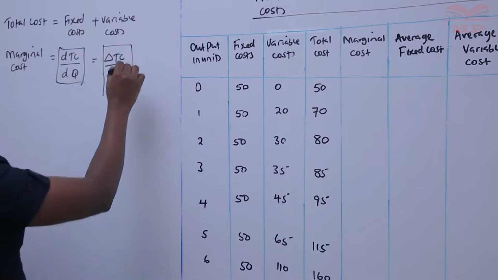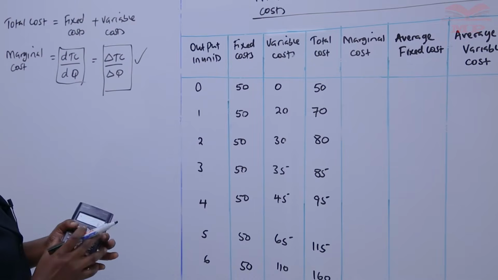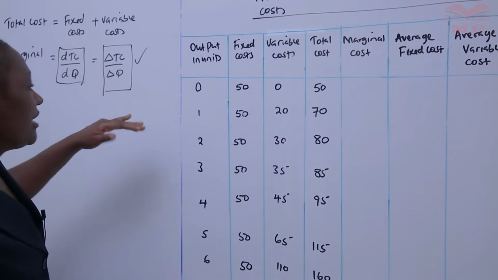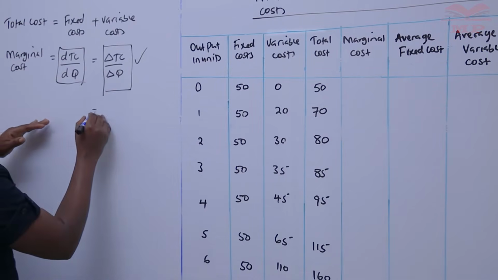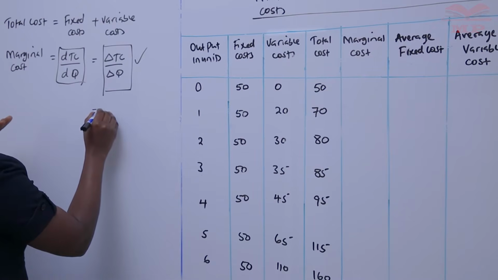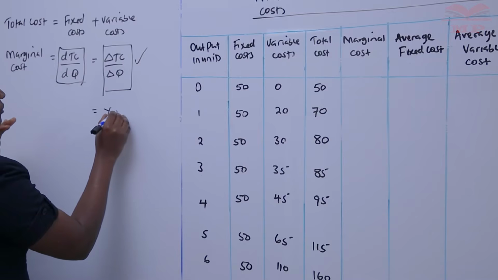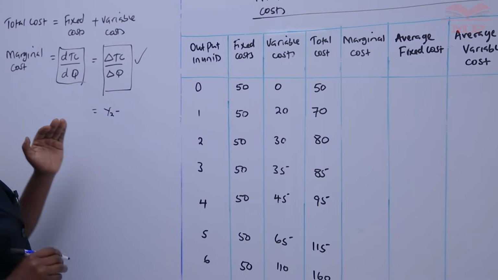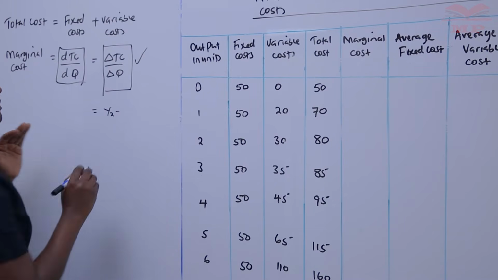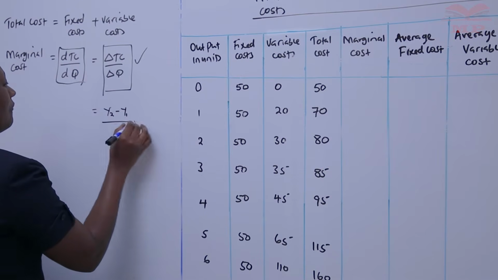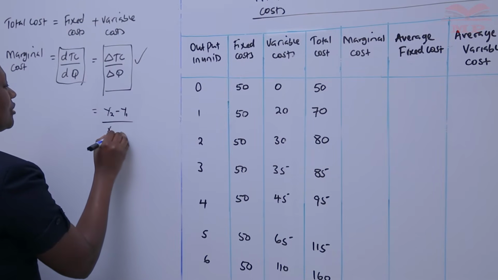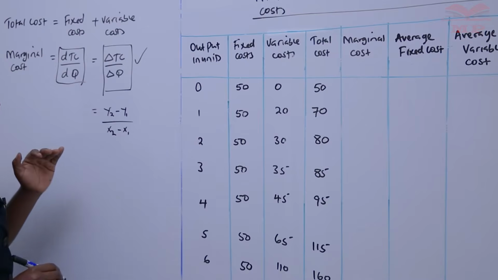So for this case, we are using the change in total cost over change in Q. This is simply the same as Y2 minus Y1 over X2 minus X1, where Y is referring to total cost.